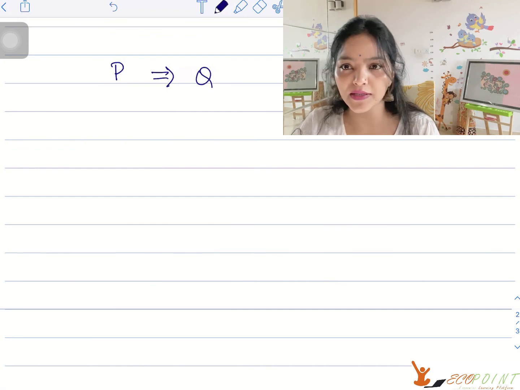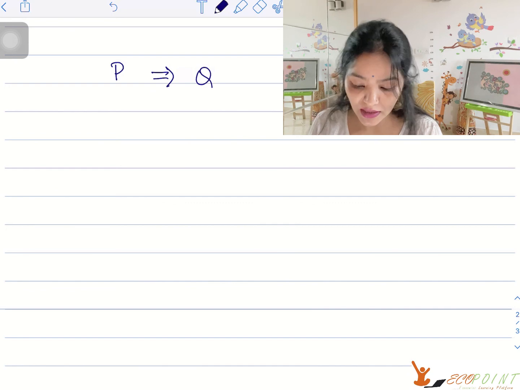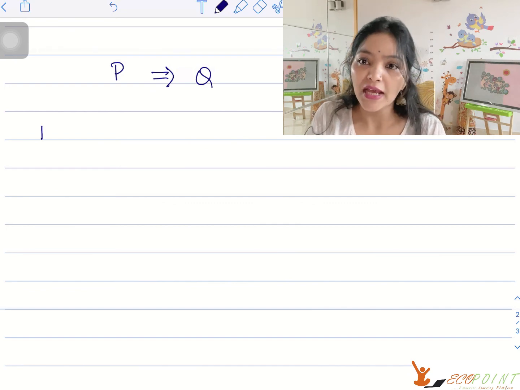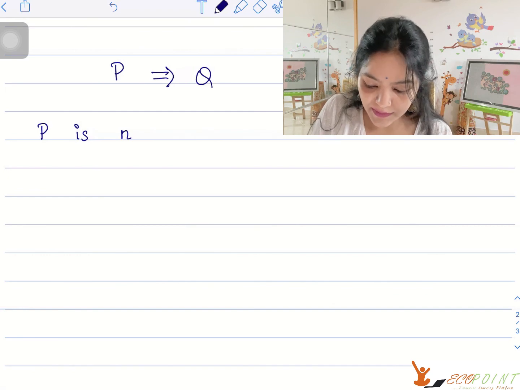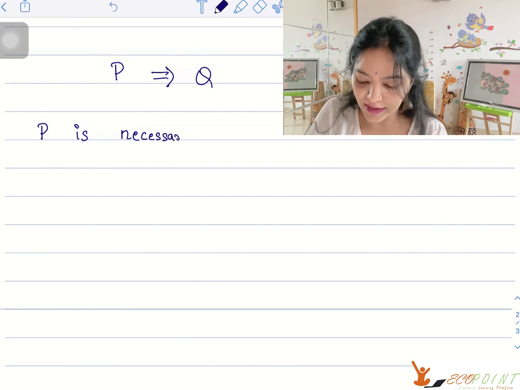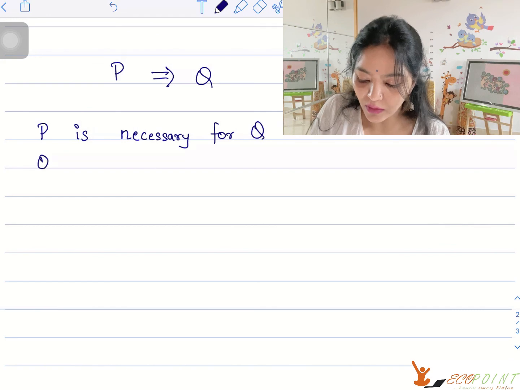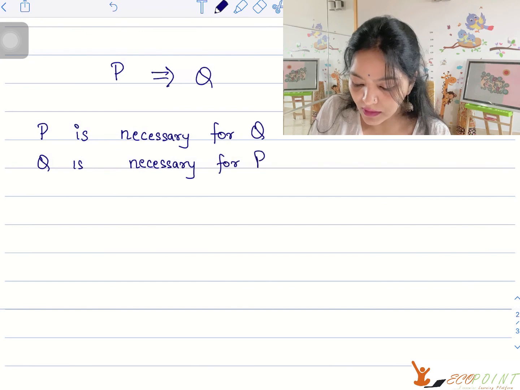So P implies Q is a general implication that we have in hand. Now I want to ask you certain questions. There are certain statements and we must be very cautious while using them. P is necessary for Q. Q is necessary for P.